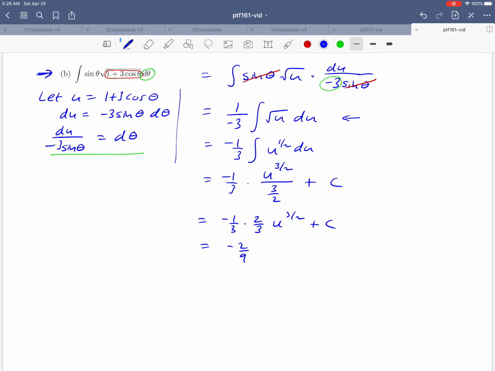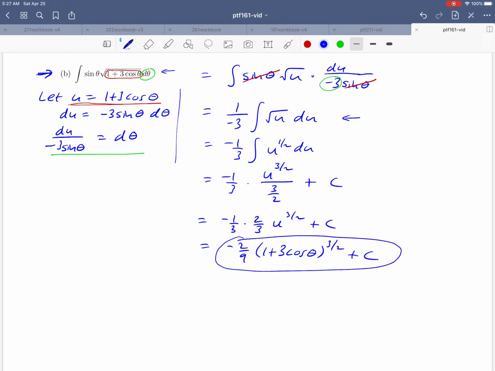And u, we know what u is equal to, so it would be nice to write our answer in terms of theta, because that was the variable that we started with. So we'll just resubstitute the u again. We can look up in our work and see that u is 1 plus 3 cosine of theta. So let's go ahead and just substitute that back in. Okay, and there is our antiderivative.